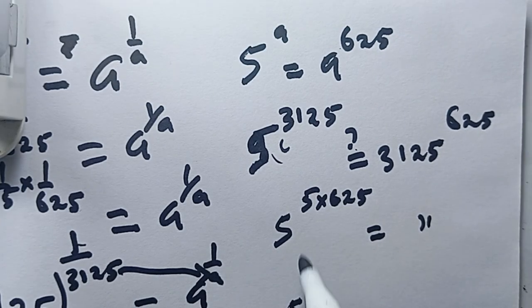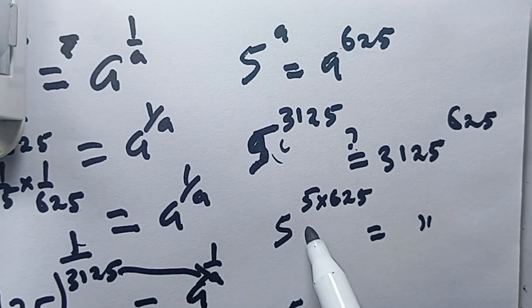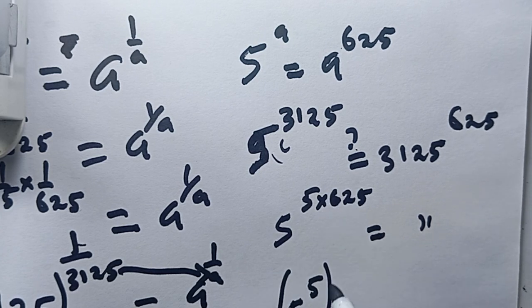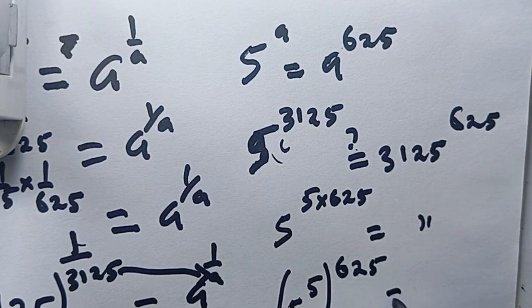Let me just keep this as it is, and moving on, I can go ahead to use the law of indices, the exponential law, which I mentioned earlier. So this I can write as 5 power 5 times 625.